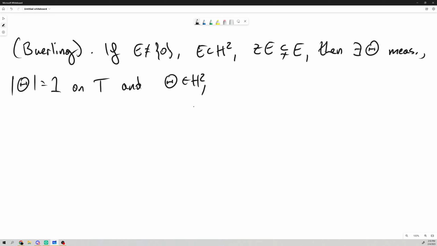And the final condition, this is where we get this notion of inner function: E is equal to theta applied to H2. Right, so this is kind of similar. We just talked about E being equal to this characteristic function applied to L2. Now we're getting a little bit stronger. Instead of characteristic function, we have this abstract function theta.